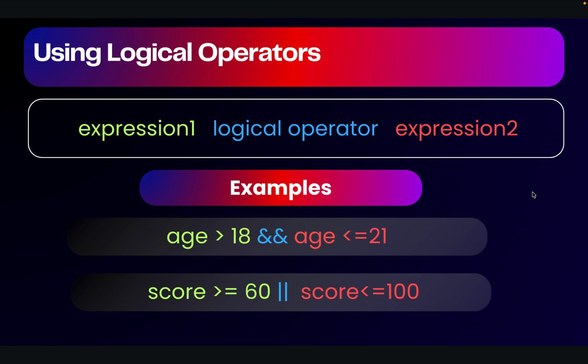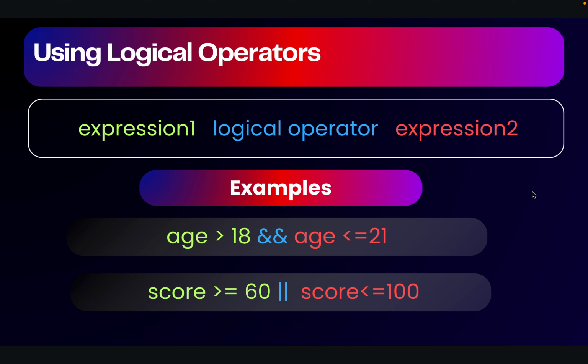So if you take a look at these examples, you see we have age is greater than 18. That is expression 1. Then you see we have age is less than or equal to 21. That is expression 2. To join two Boolean expressions together, you place the logical operator in between it.